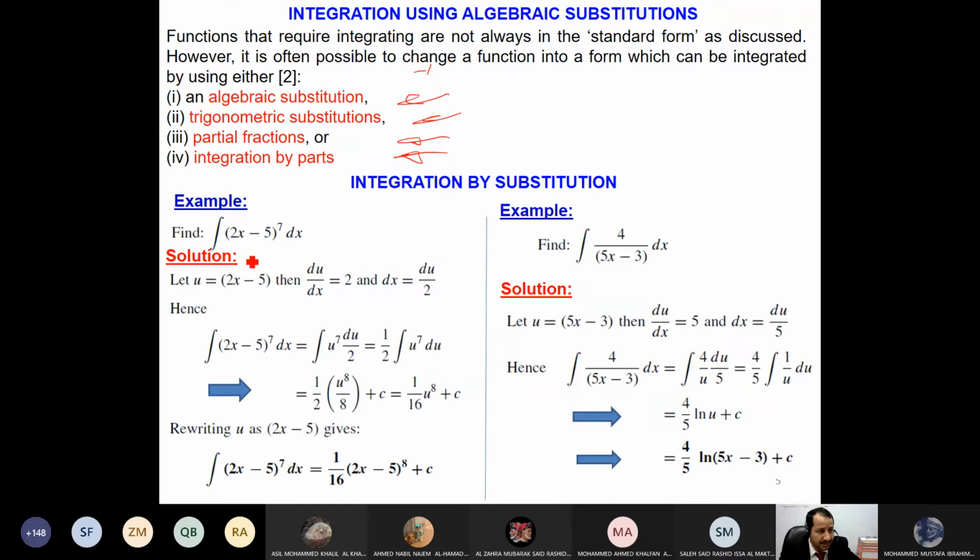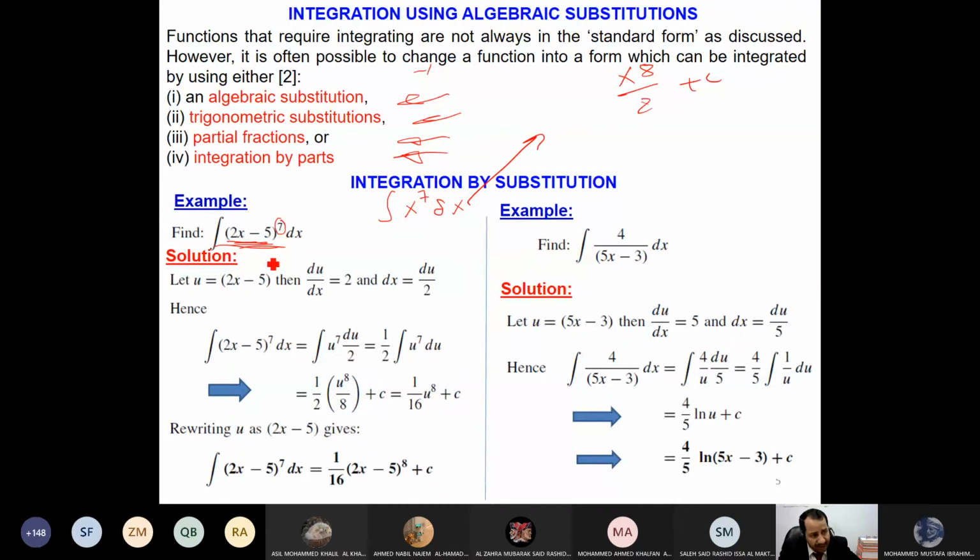If you look at this function, I know how to solve the integration of x to the power 7 dx. Directly, I will say x to the power 8 over 8 plus c, done. But what if 2x minus 5 together in a bracket is raised to the power 7?